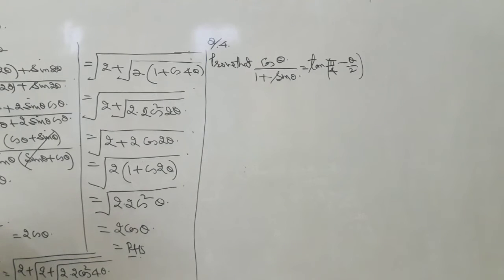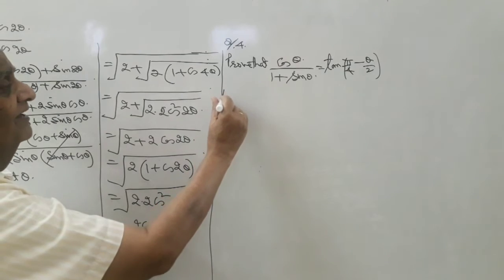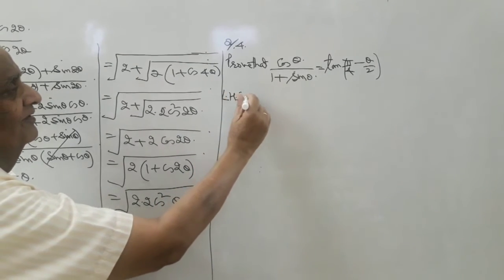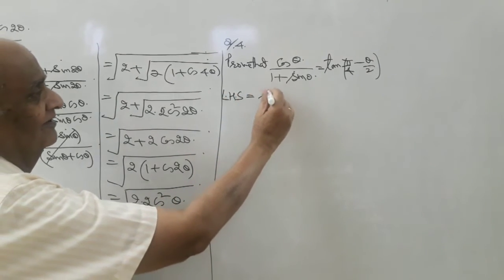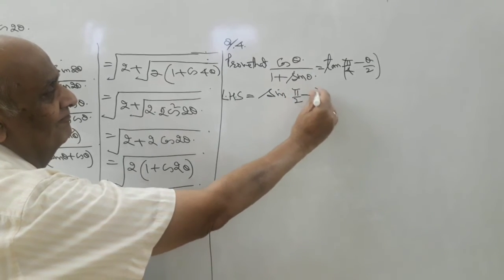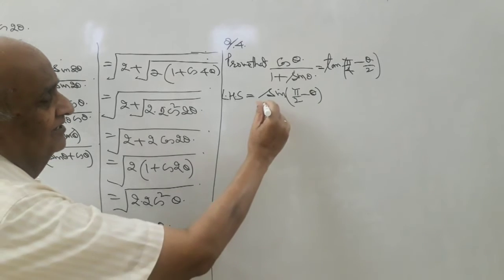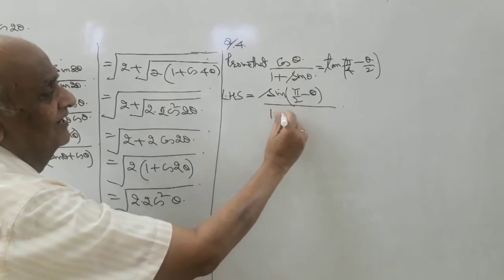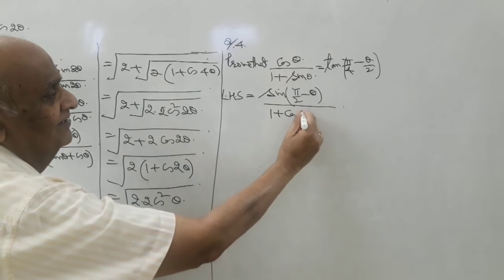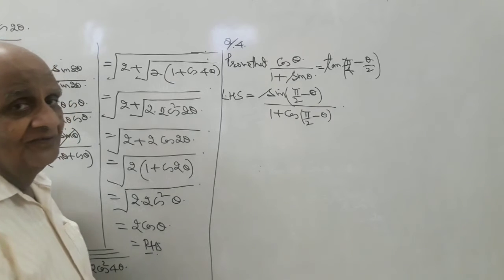So there are different methods for this. Let us say left hand side, it is cos theta, write it as sin 90 minus theta, over 1 plus sin theta, write it as cos 90 minus theta. Write it this way.